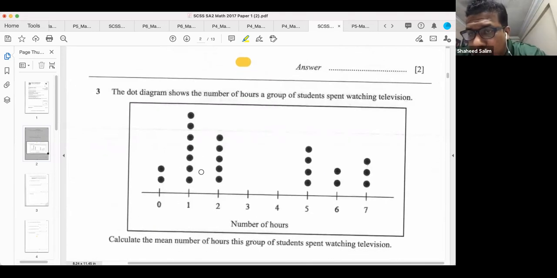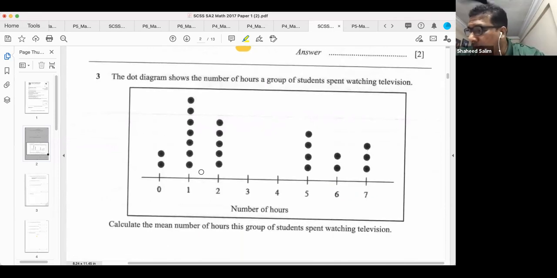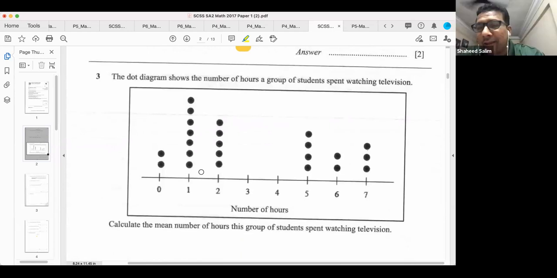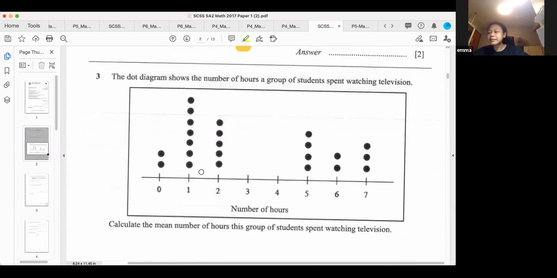You've done it. What's your answer? I actually don't know which one is the answer, but I did a solution, but I don't know the actual answer.